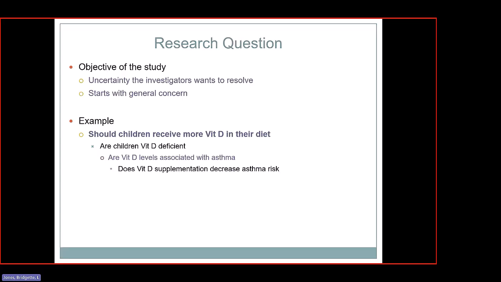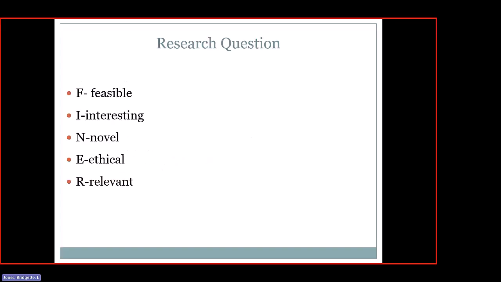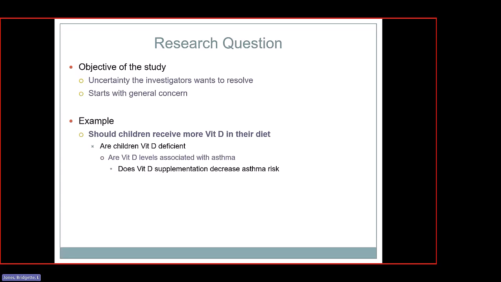So does vitamin D supplementation decrease asthma risk? So that might be the next step that you think about. And again, go to the literature, see if there's been studies done already out there looking at that. And so that's just kind of how you might work through this initial observation, very, very broad, and then kind of drill down to a more refined and feasible question to answer.